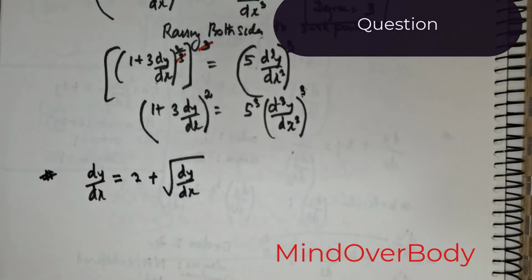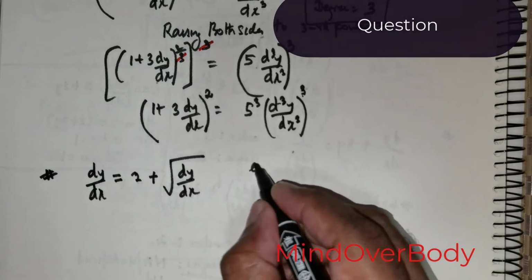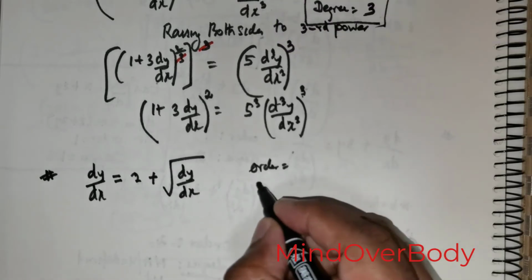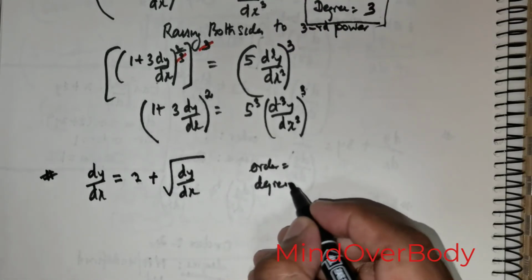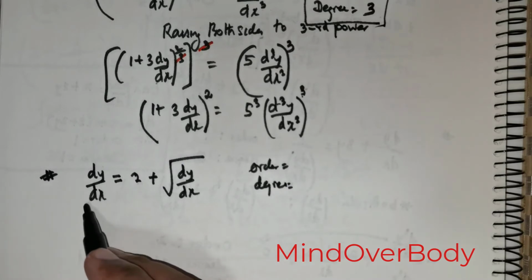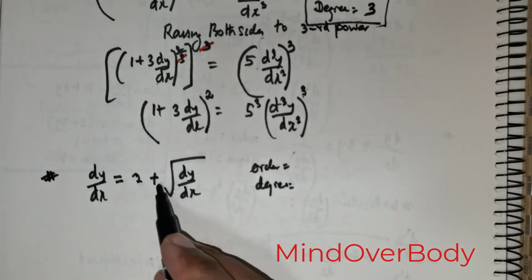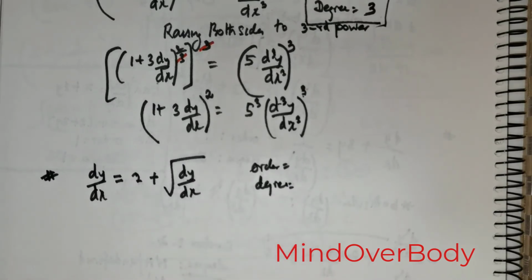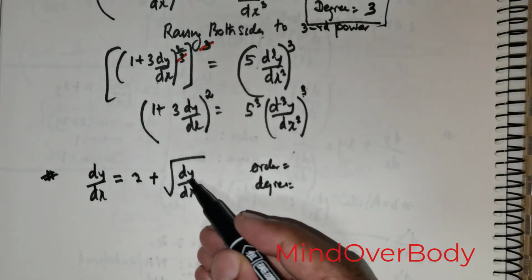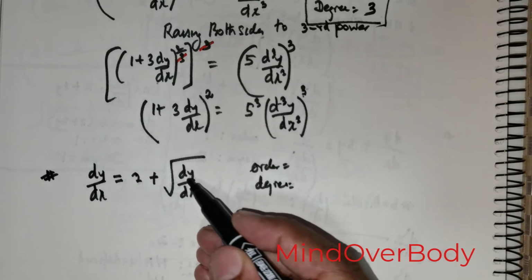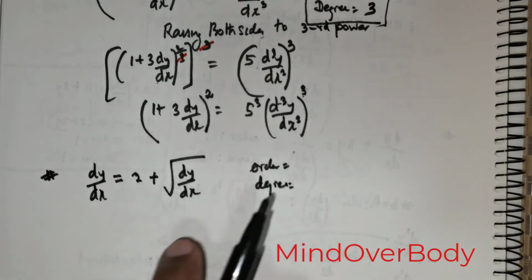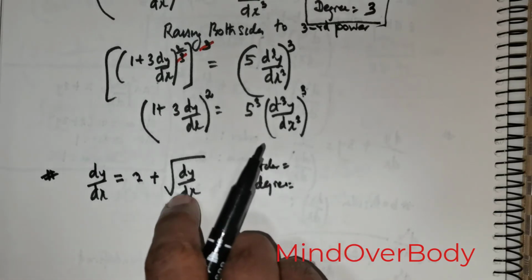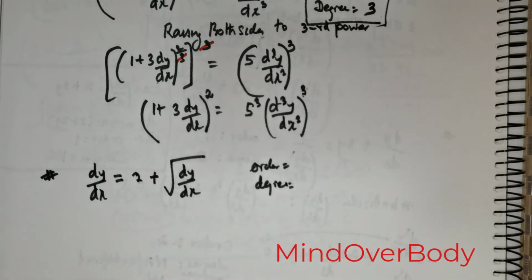Students, we are given this question. We are expected to find the order and the degree. Now the question is dy over dx is equal to 2 plus the square root of dy over dx. Now you can clearly see that the differential operator dy over dx is actually caught within another operating function.